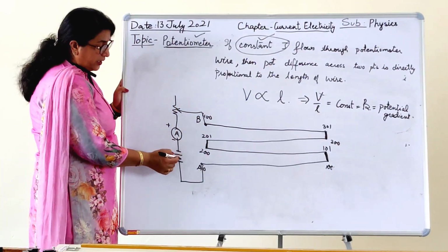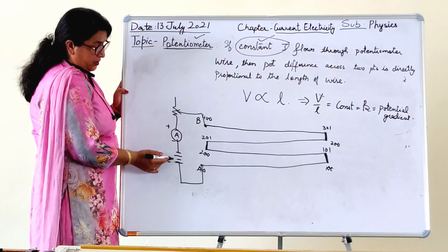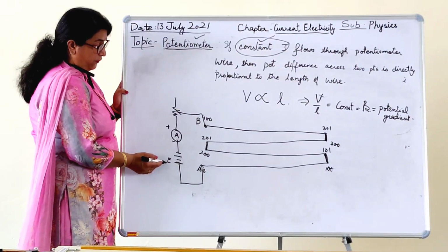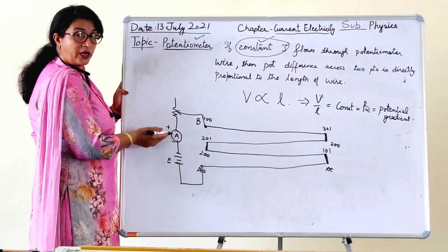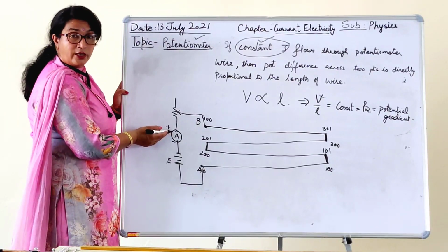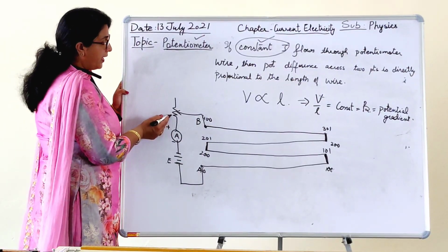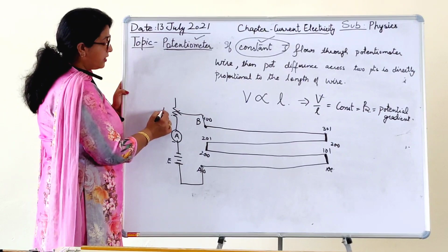In this current circuit, what have we connected? A battery of EMF E, an ammeter to check whether the constant current is flowing through the circuit or not, and this is a rheostat.